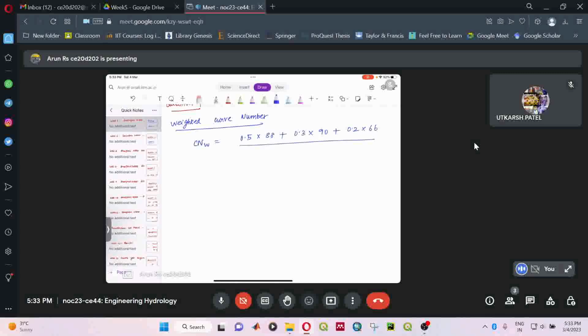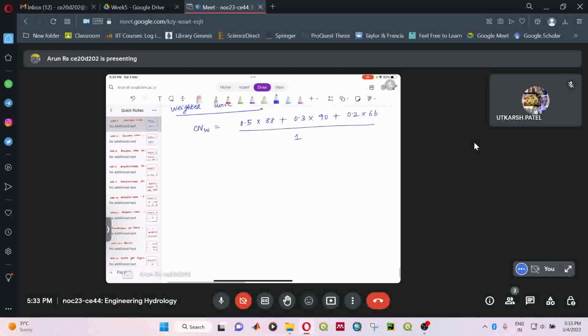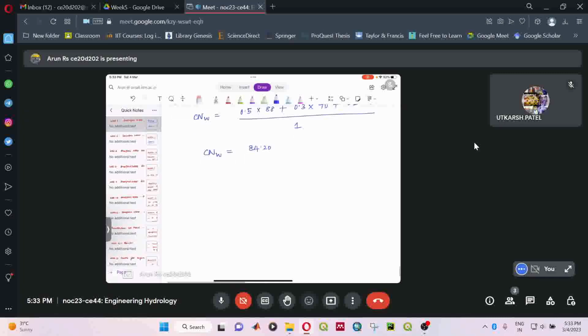So total area is 100%, so I'm writing it as 1. If you compute this, weighted CN is equal to 84.20. So for the rest of the calculation, we will be using only this curve number.